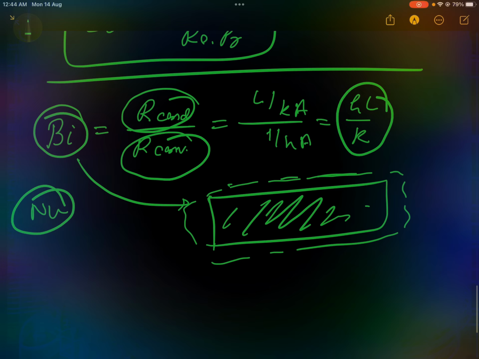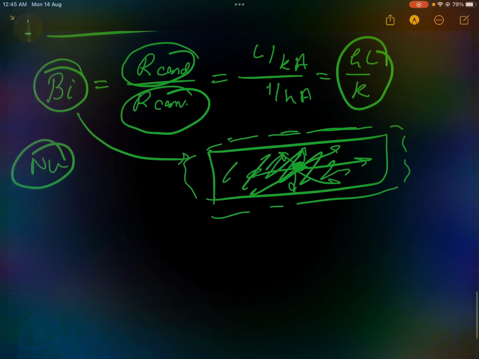Because here we want to know, if there is heat generation within the material, how fast it can be transferred to the surface of that material. We are more concerned about the heat transfer within the material to its surface. So here the lumped heat analysis comes into the picture.